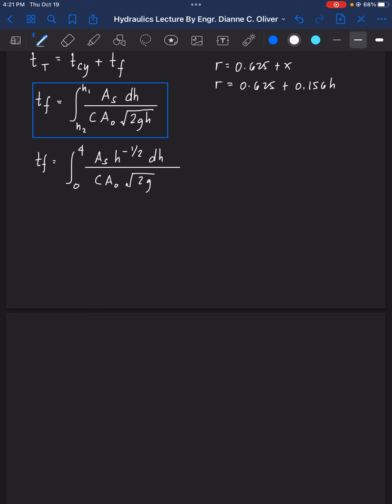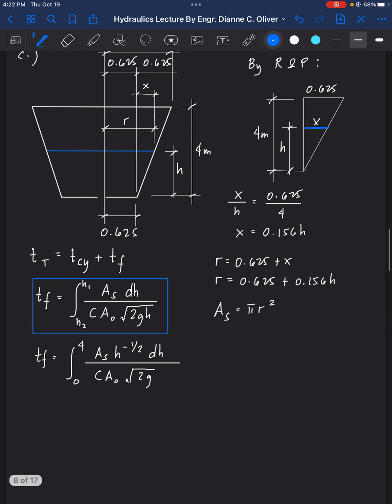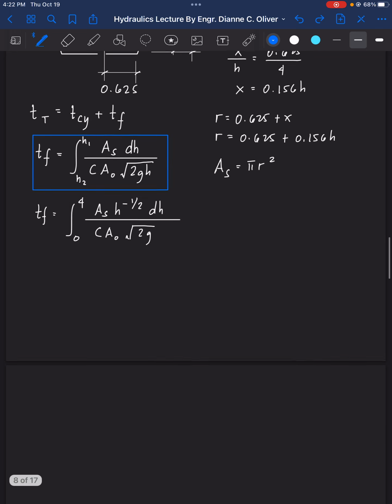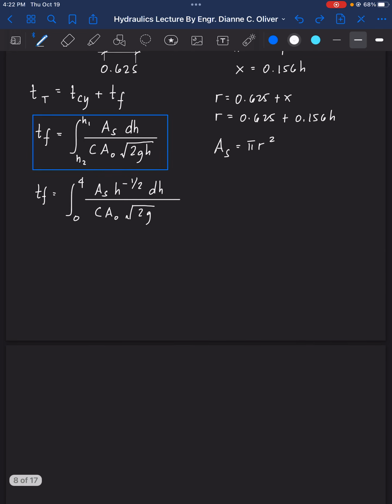Our r is used in the area of the surface, which is pi r squared. So the area of the surface is equal to pi times our r, which is 0.625 plus 0.156h, squared.